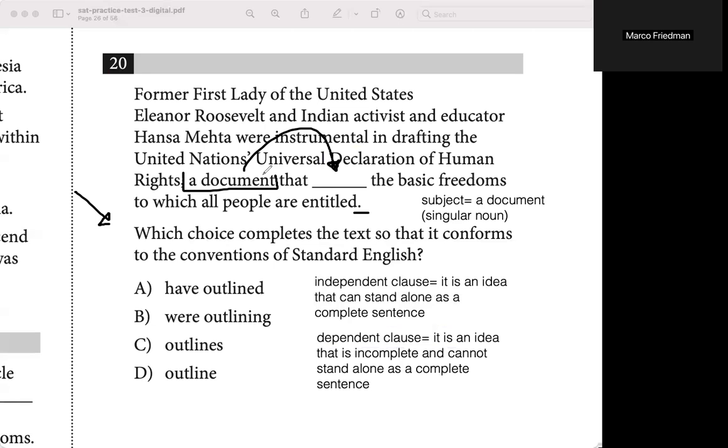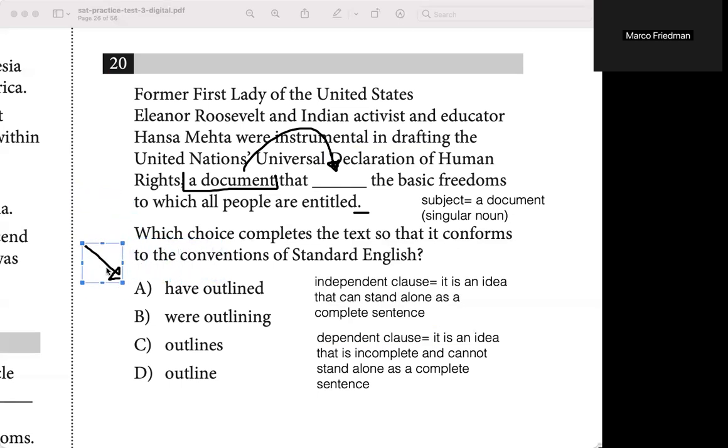So that's just a little extra information that you may find useful. Technically, you could figure out the verb conjugation without knowing that this is a relative clause, because the verb still has to be conjugated for a singular noun or pronoun. So let's look at our options here, okay?